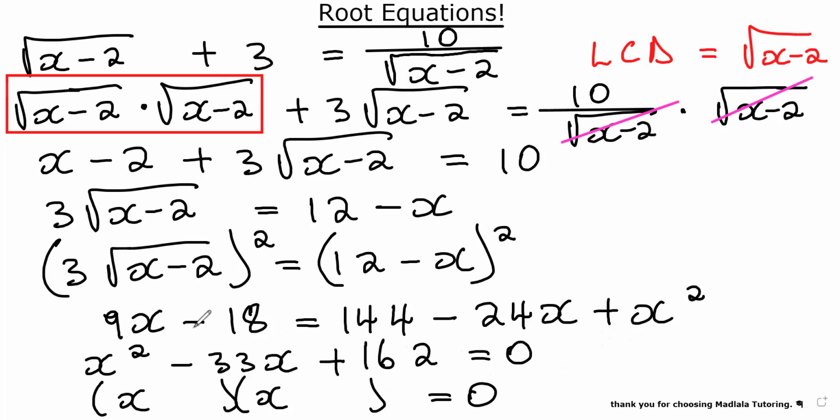So what are those factors? Well, if you are struggling to find them, you can really use the quadratic formula. That is perfectly fine. But then if you go to your calculator, it gives you 2 times 3 to the power 4. Okay. And 3 to the power 4 is 81.